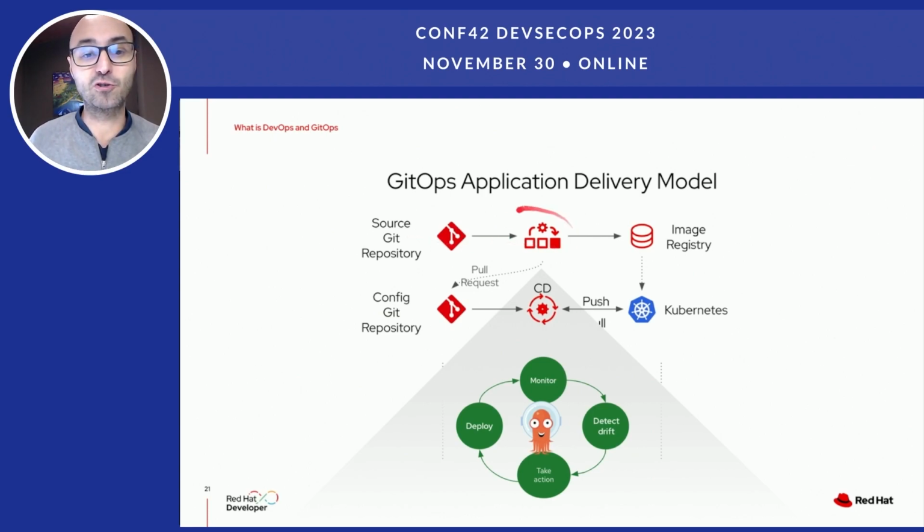So in the source Git repository, usually we've got the CI/CD part: building the application, doing some kind of code analysis, finally creating a container image and storing this container image in an image registry. This is the first part of the GitOps application delivery model. But the second part, which is important, is the config Git repository. These are the YAML files that we require for deploying this application.